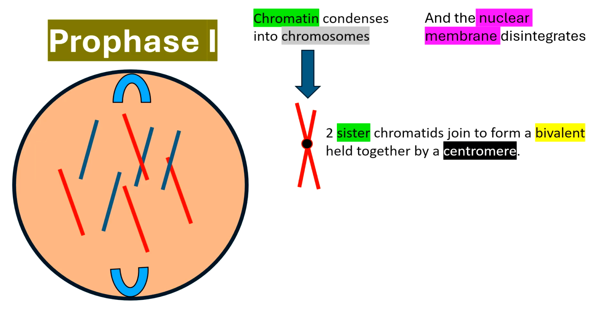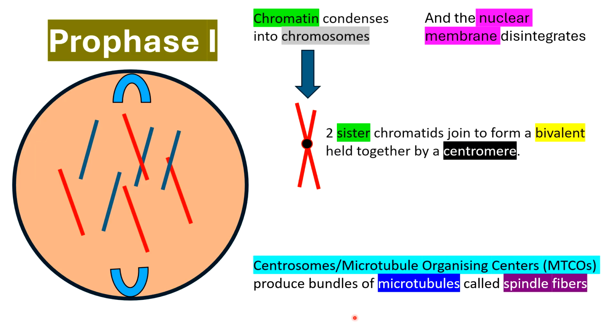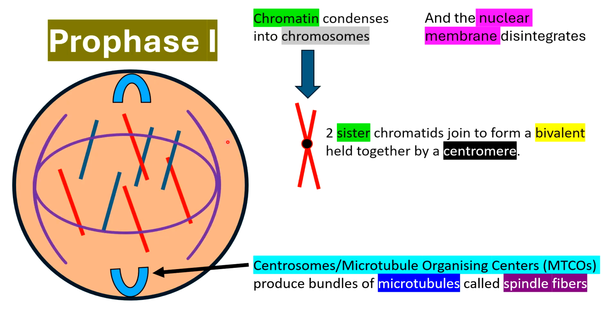Back in prophase 1, we can see that centrosomes or microtubule organizing centers produce bundles of microtubules called spindle fibers. These centrosomes or MTOCs produce these spindle fibers right here, this purple thing.